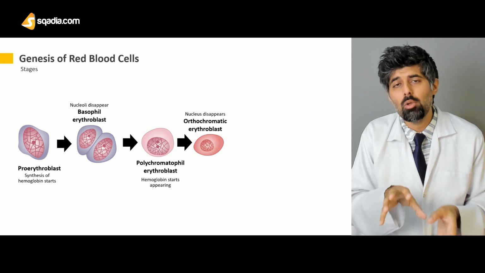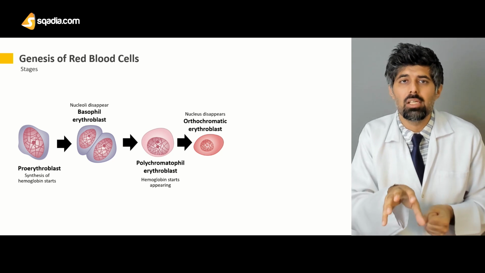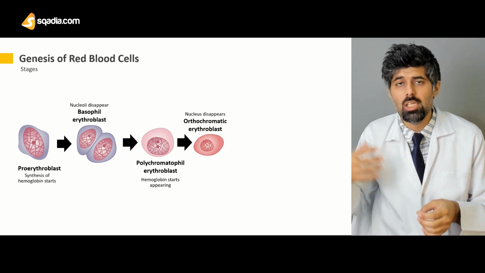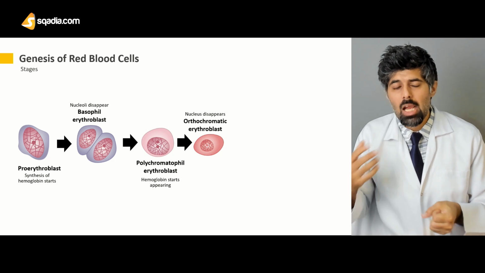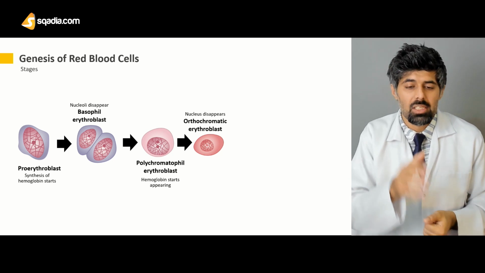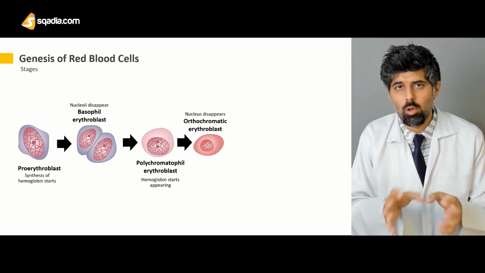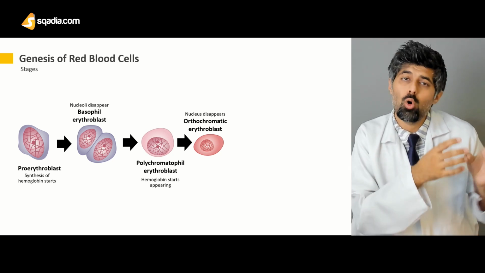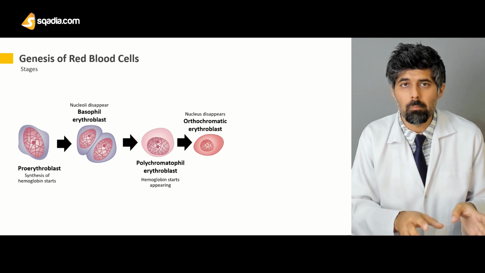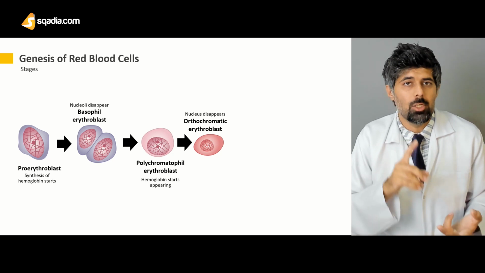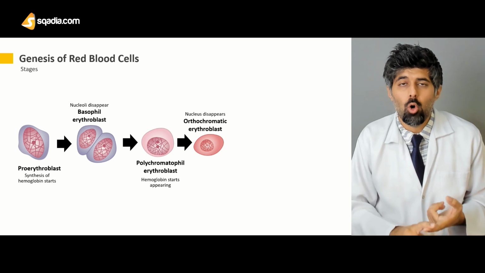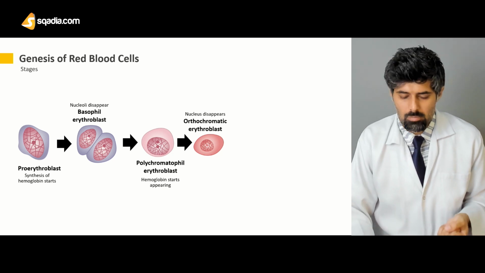This reticular network remains in place because of the residual elements. It is also worth noting that at this stage, most of the organelles of the cytoplasm also start to disappear. The Golgi apparatus, the endoplasmic reticulum, they all disappear.